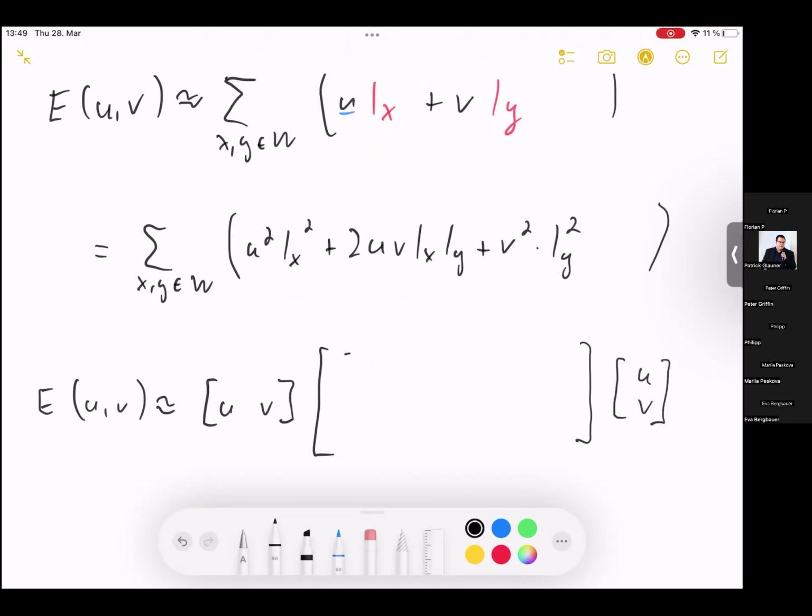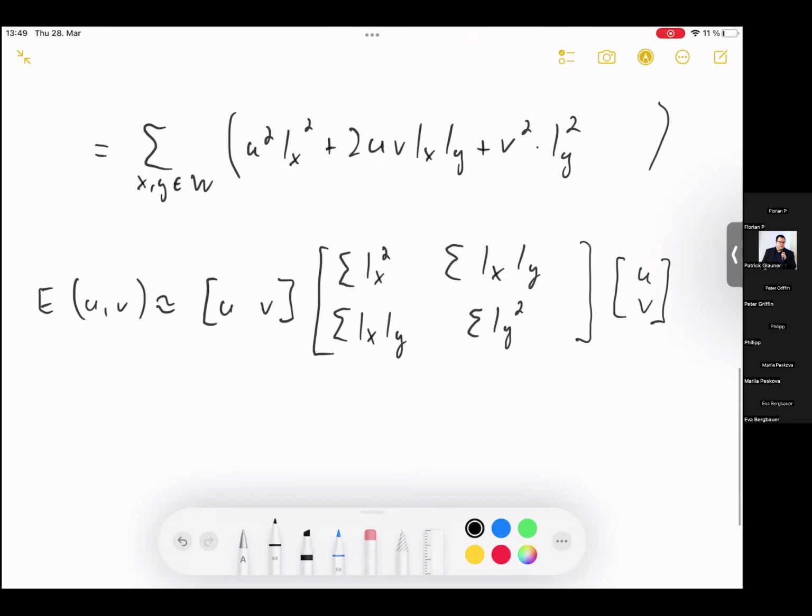And in this matrix, it's a 2 by 2 matrix. I sum up the Ix squared in the first element. In the last element, I sum up the Iy squared. And then in the other two elements, so that's the diagonal, and in the other two elements, I sum up the sum of Ix times Iy, and the last element is the same. So this is a matrix decomposition of the result, what this sum would give me.